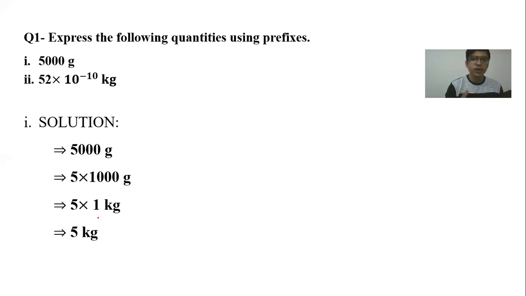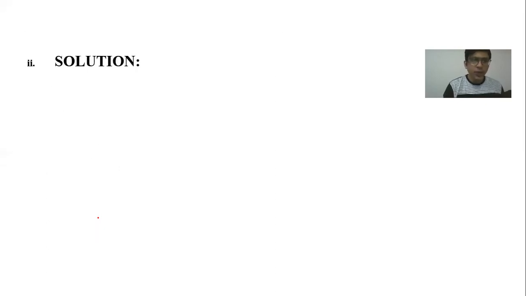Let's move on to the second question. In the second question, we have 52 exponent minus 10 kg. First of all, I have to write it in the standard form. What is the standard form? In the standard form, we need only one digit before the decimal. Here you can see that the number is 52, so the decimal point is here.